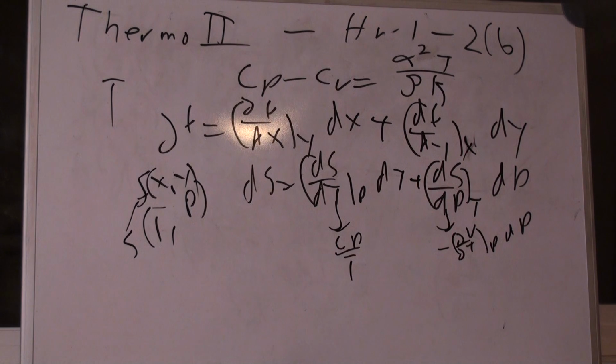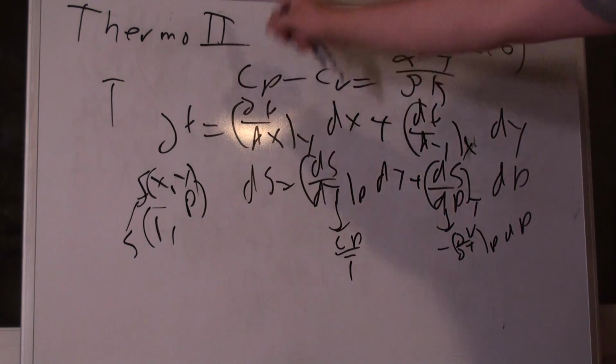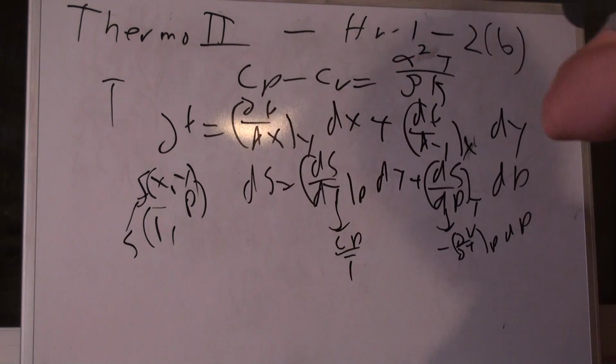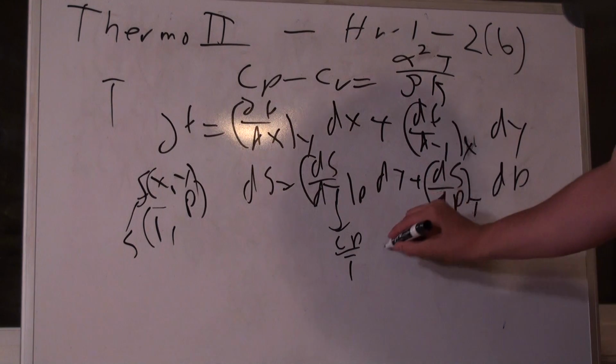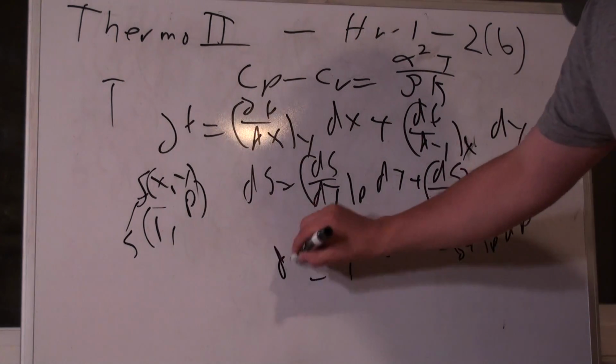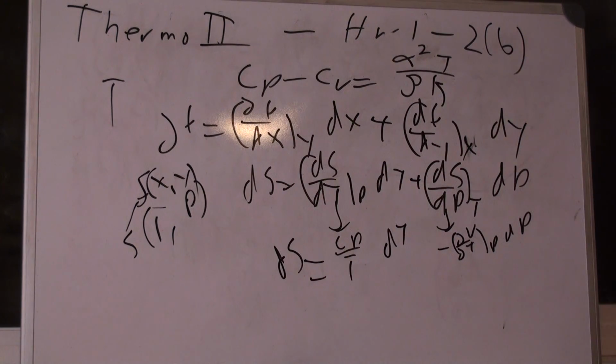I'm still on step 3 because I have a ds. So I need to figure out how to get rid of that before I start messing with this. So, dt equals ds. Well, I got my Cp, and I know dv dt at constant P. So that's either going to be isothermal compressibility or thermal expansion coefficient.